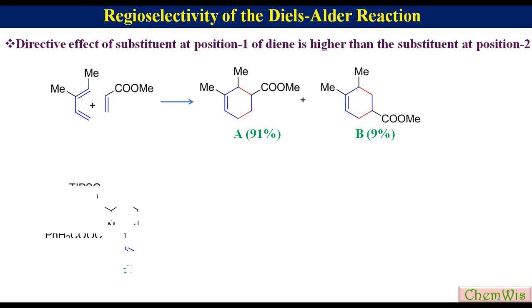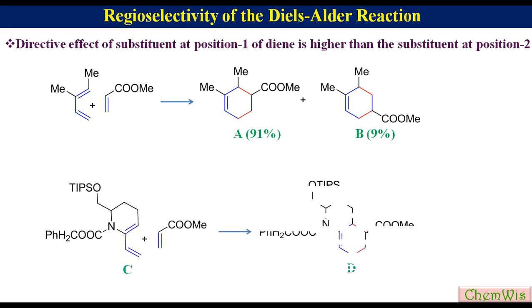Reaction of compound C with methyl acrylate gives only product D, which is formed by the directive effect of the substituent at position 1.